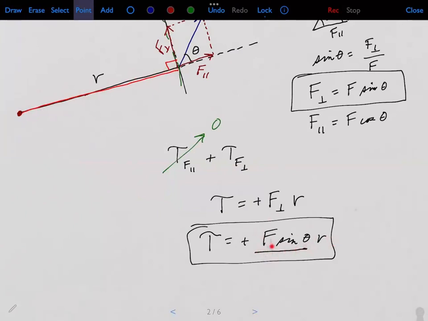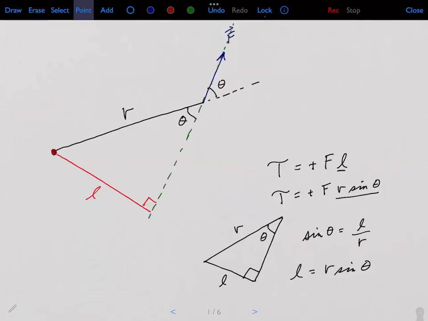But either way, you get the same exact equation. I usually like to do it this way using moment arms. And when I do the one example, I'll do it with moment arms.